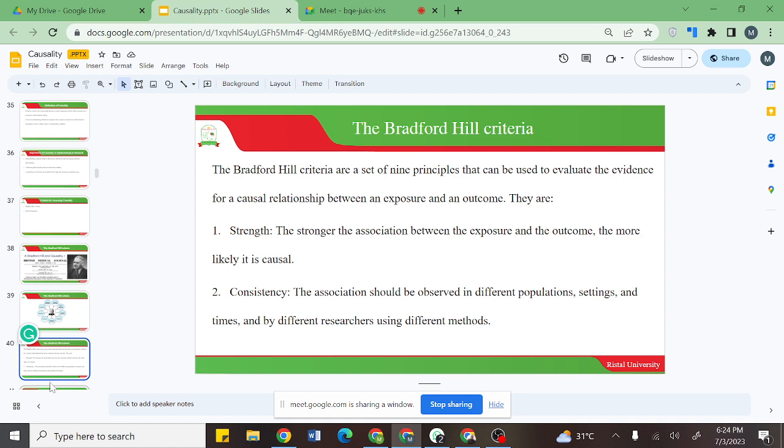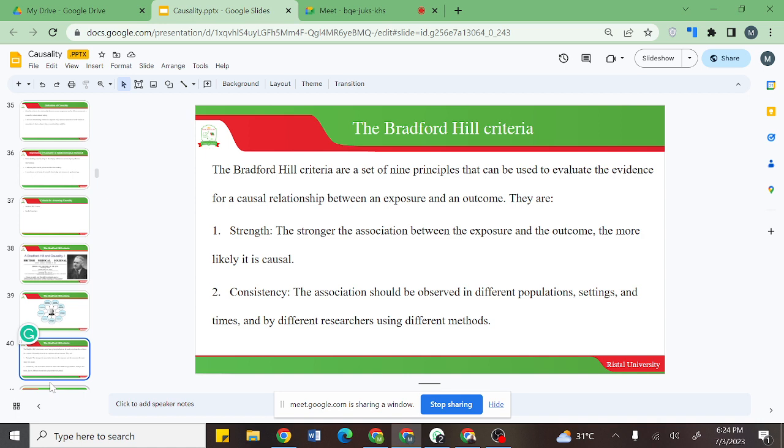So with the principle of strength, it means that if you increase the exposure, which is y, assuming y is smoking, if you increase y, the number of people having the disease associated with smoking, in this case, let us say lung cancer, will also increase.